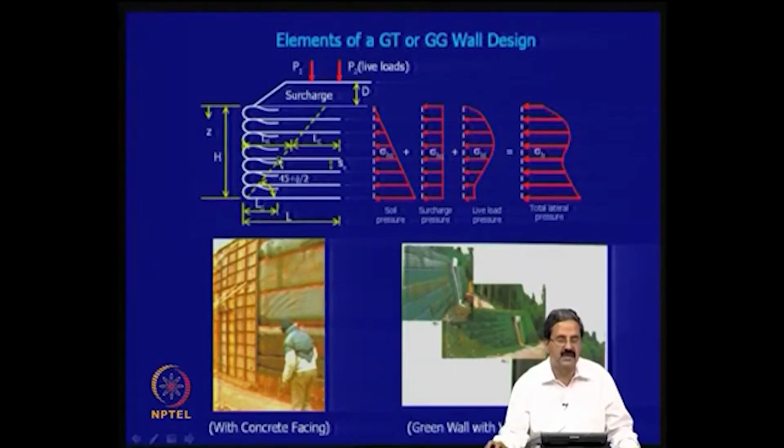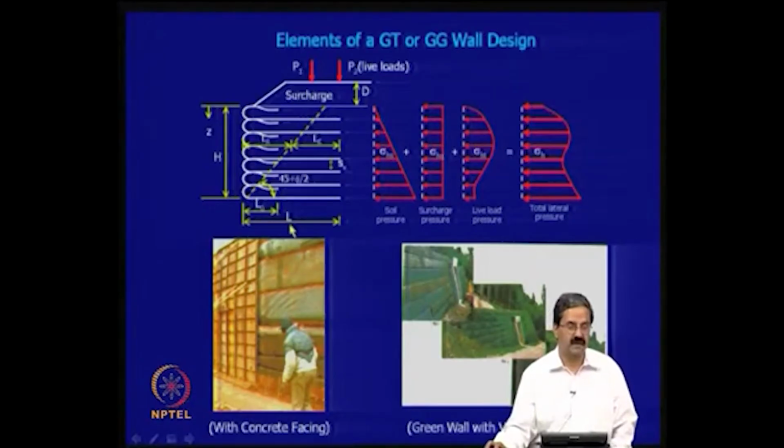We will see those calculations also subsequently, and we have to calculate every stage that the length of the material should be such that there is adequate length to satisfy these requirements of tensile force and pull out force.